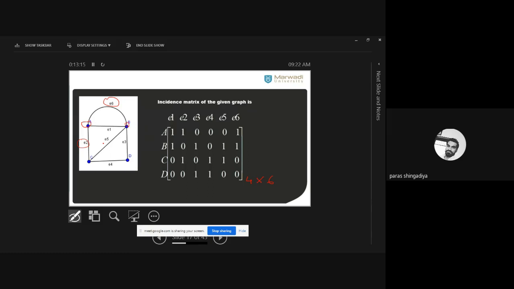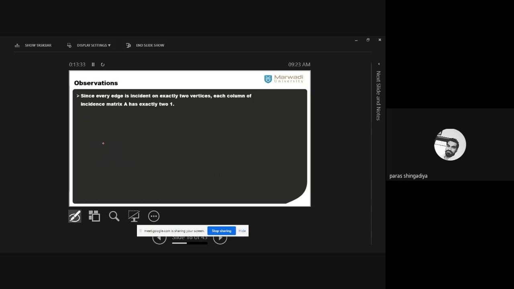E1 has 2 endpoints, A and B only. E2 has 2 endpoints, A and C only. E3 has 2 endpoints, B and D only. Therefore, it exists two 1s because every edge has 2 endpoints, so each column has two 1s.